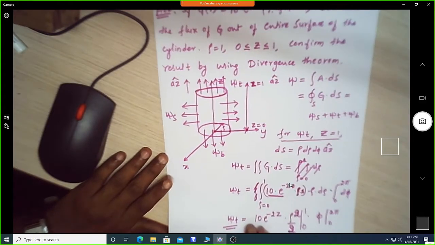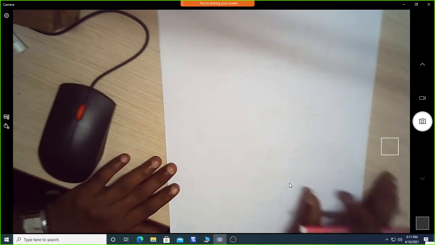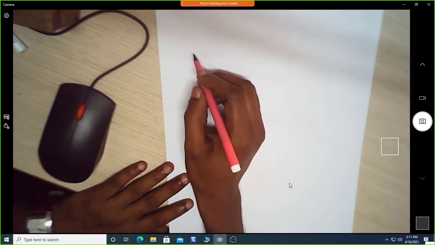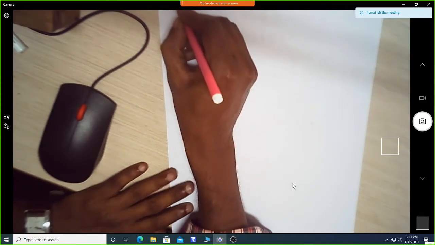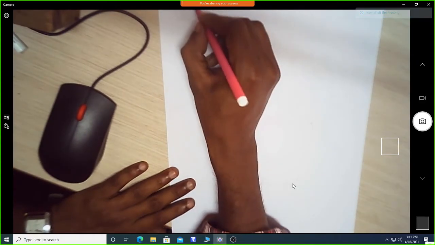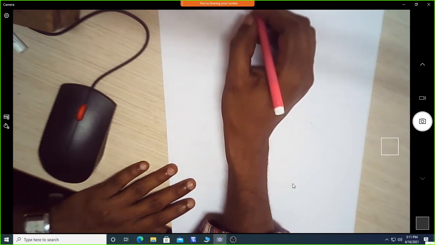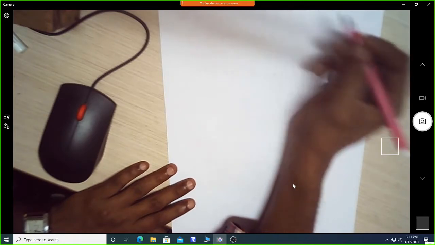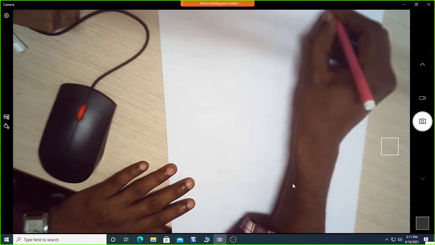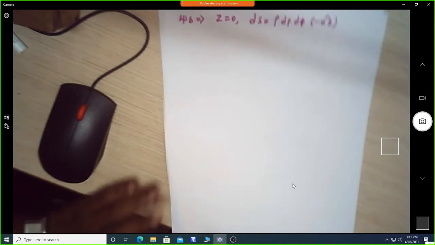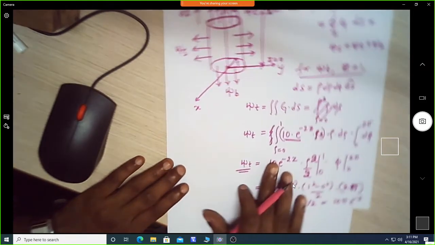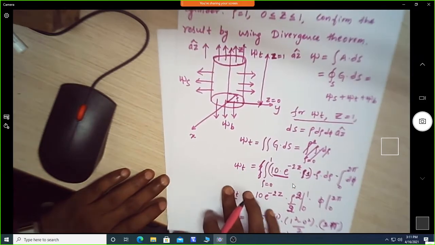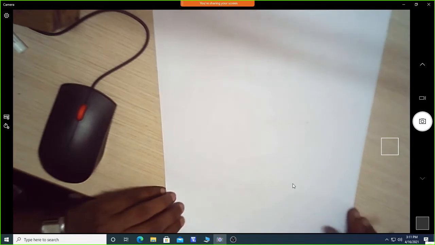Now similarly we can evaluate in the bottom surface. Okay, so for the bottom surface z is 0, is it not? Similarly the ds is nothing but rho d rho and d phi. So in the minus az direction, because we are evaluating in the bottom direction, that is direction negative to az direction, in the negative z direction, that's why it is minus az.